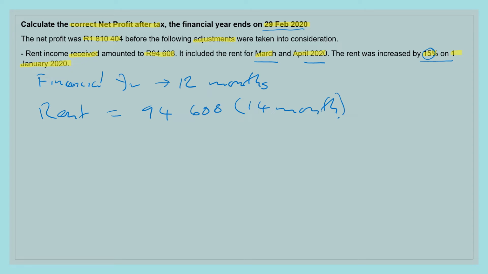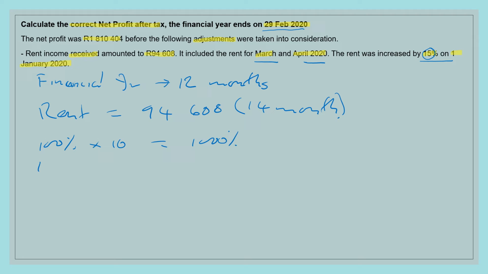So in order for us to calculate that, this is what we're going to do. Rent before any increase is assumed to be 100%. For how many months was it 100%? That's 10 months, because rent was increased on 1 January. That means it was two months before the end of the financial year, January and February, so we have 12 minus 2, which is 10 months. Times 100% gives you 1000%.